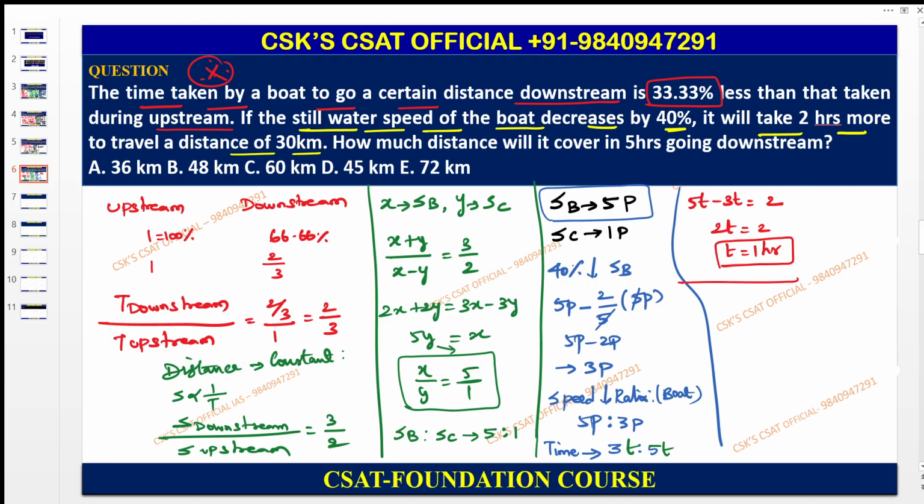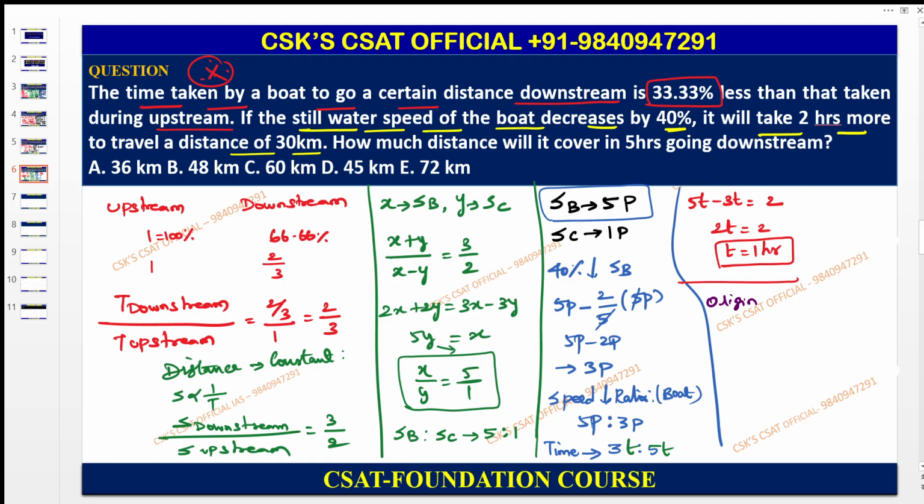Please understand this part: this is the original time 3t, and after that reduction the time becomes 5t. So this is the concept you need to understand here. So for that original time, we have found t is equal to 1 hour.